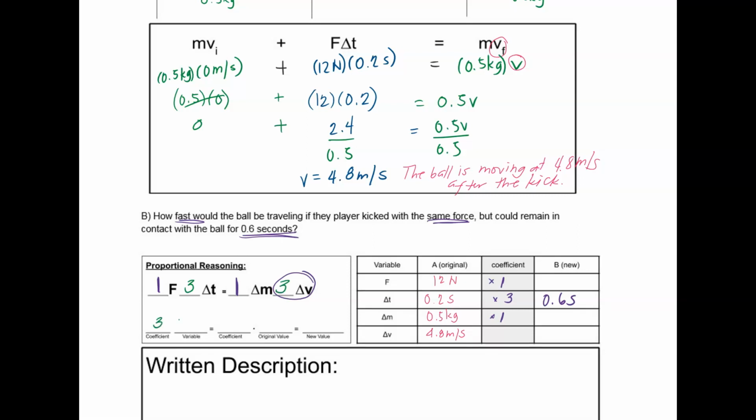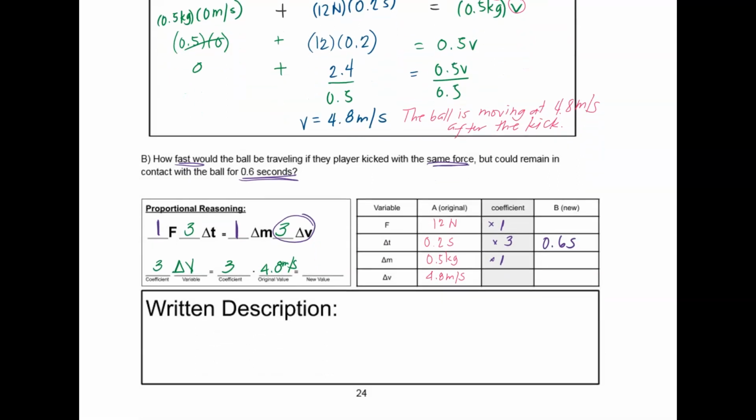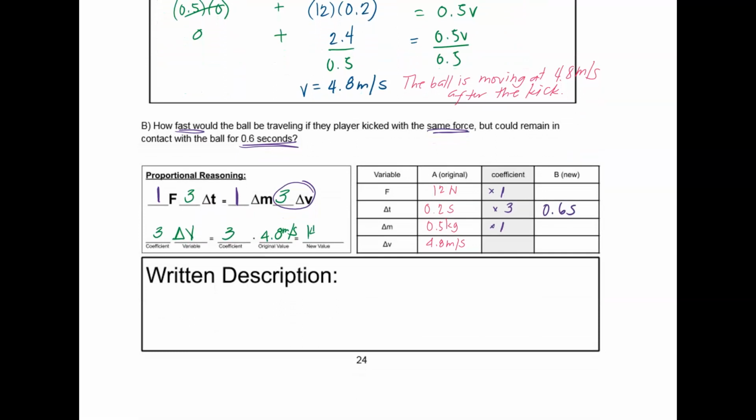And so since they were asking for the velocity, everything we fill out here is going to be about the velocity. And so then now we are going to look at what 3 times 4.8 is, and that's going to give us 14.4 meters per second.